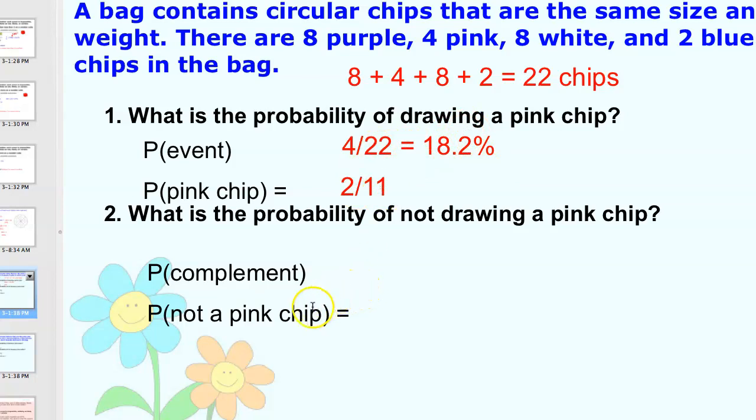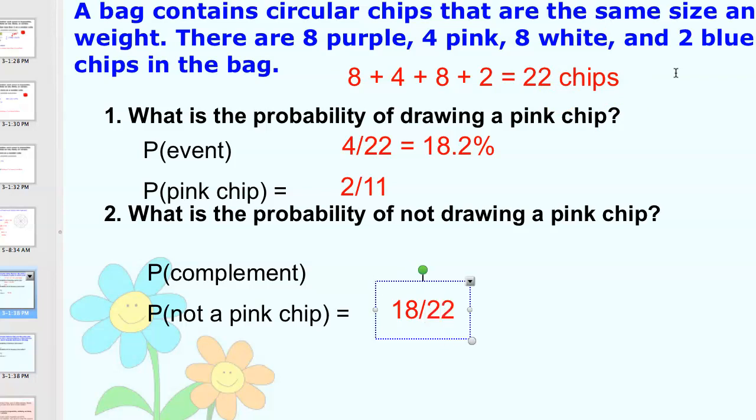Okay. It says, what is the complement? The complement means the opposite. So the complement of drawing a pink chip is not drawing a pink chip. Okay, so if I don't draw a pink chip, that means I could draw a purple chip, which is 8, plus 8 white, that's 16, and 2 blue, that's 18. So the probability of not getting a pink chip is 18 out of still the total 22.